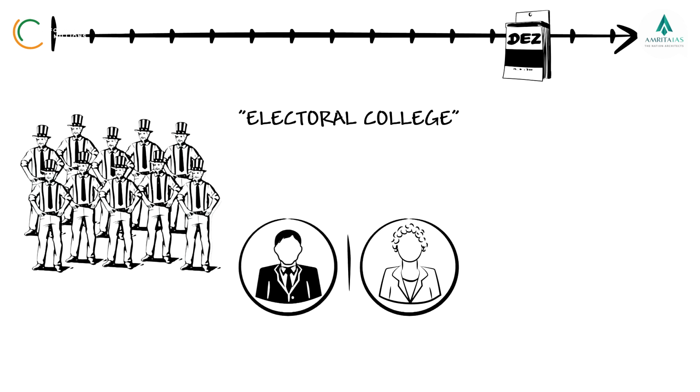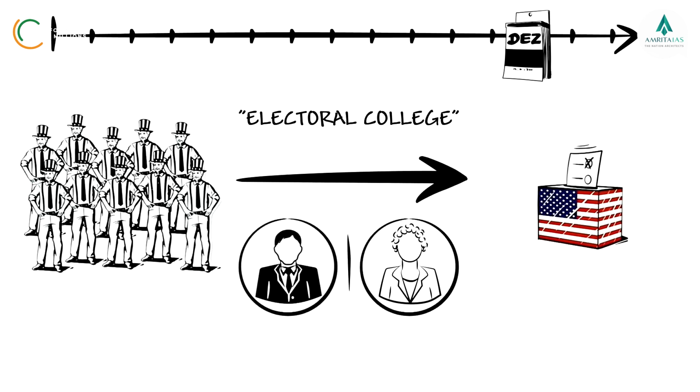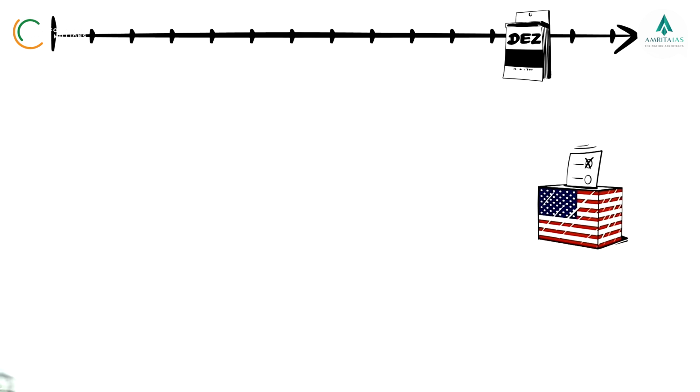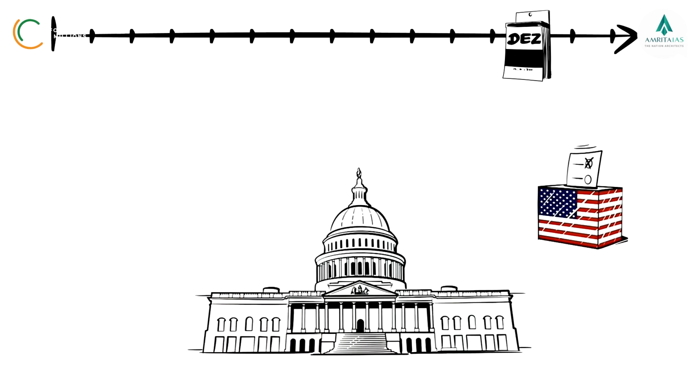The candidate who gets more than 50% of the electoral college votes will become the US president. So, this is the US presidential election that we are going to see, and the primary is almost complete, and the clear picture that has emerged is Joe Biden and Donald Trump.